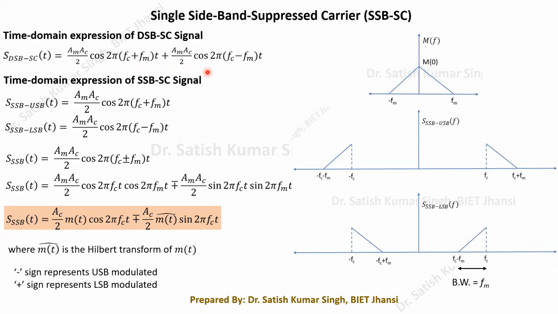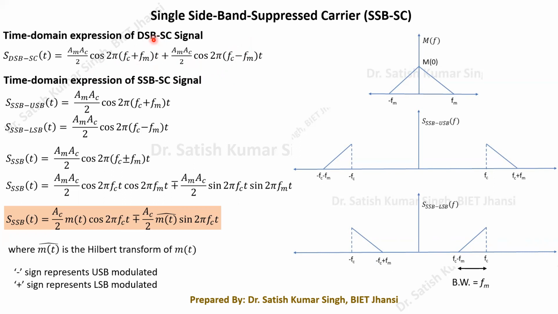Now in the case of SSB, single sideband suppressed carrier modulation scheme, we have to retain just one of the sidebands. As you can see, this is our upper sideband, fc + fm, and here fc - fm is our lower sideband. So we retain just one.